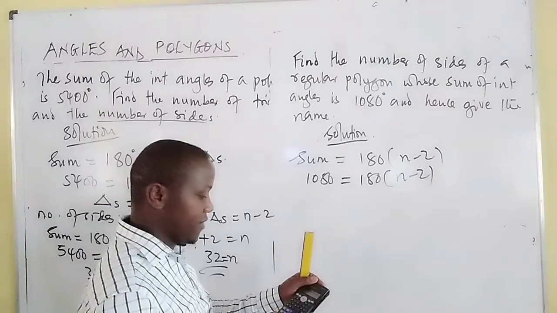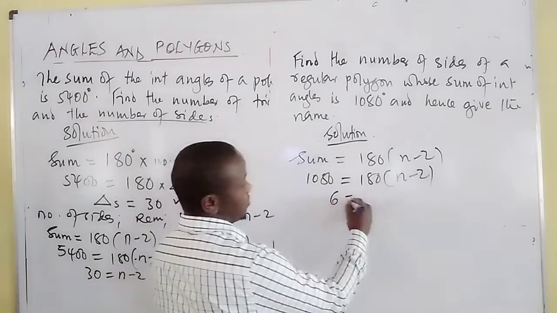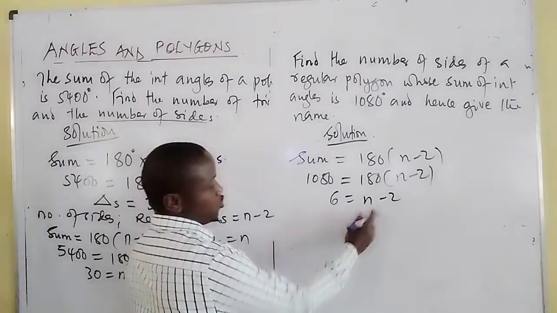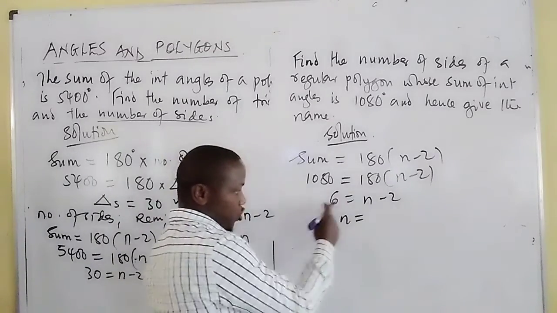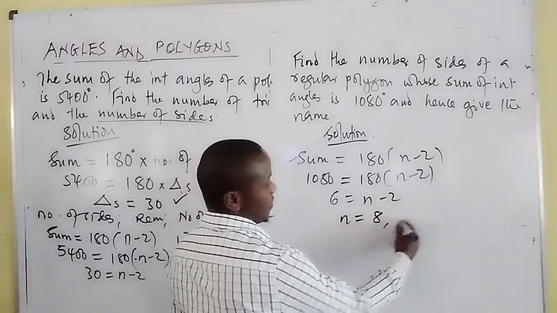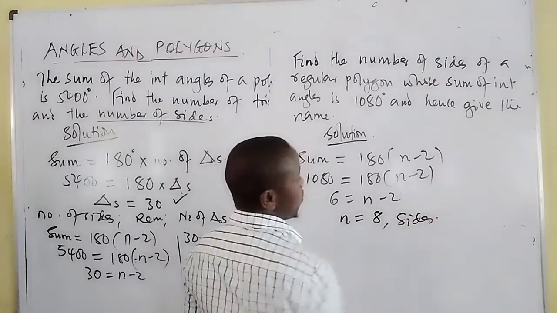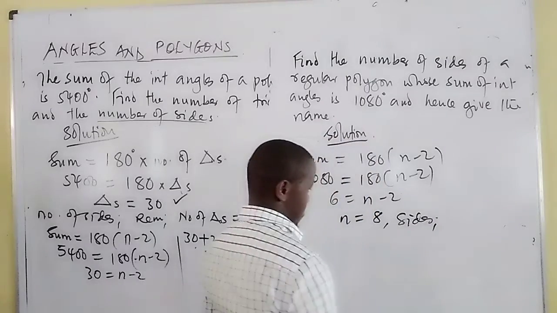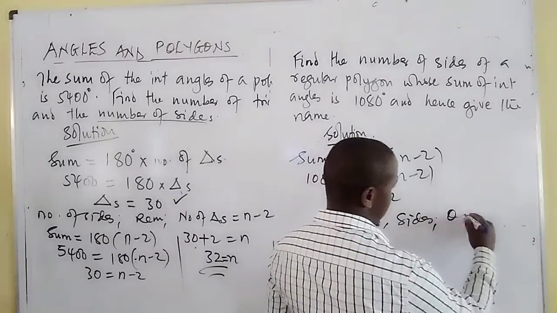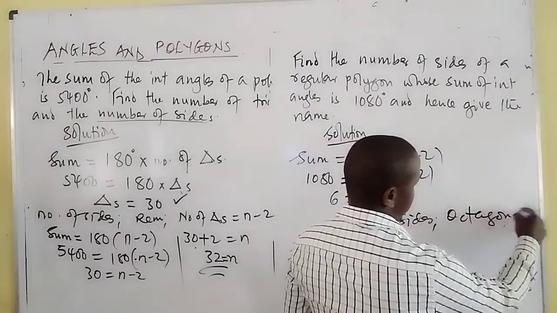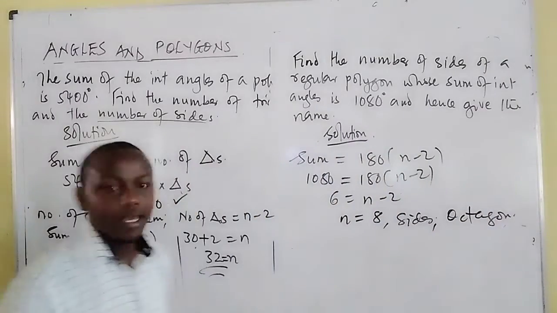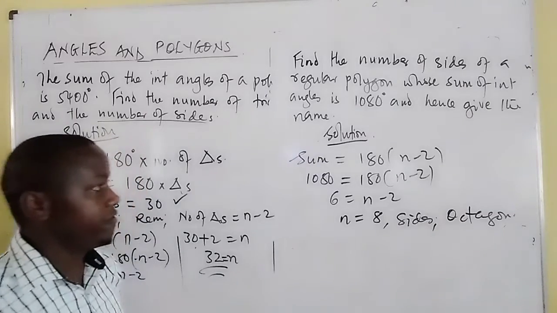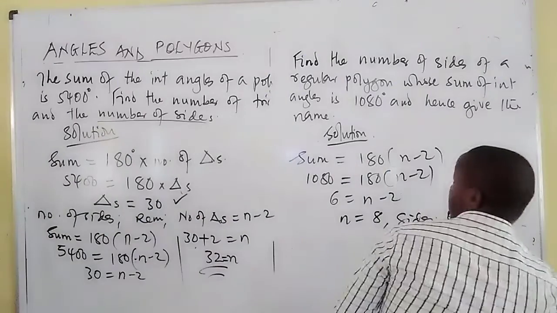This will give us 6, which is equal to n minus 2. Therefore, to get n, we add 2 on the other side. We get 8 sides. With 8 sides, we can name this polygon an octagon. Therefore, given the number of sides, we can deduce the name of this polygon.